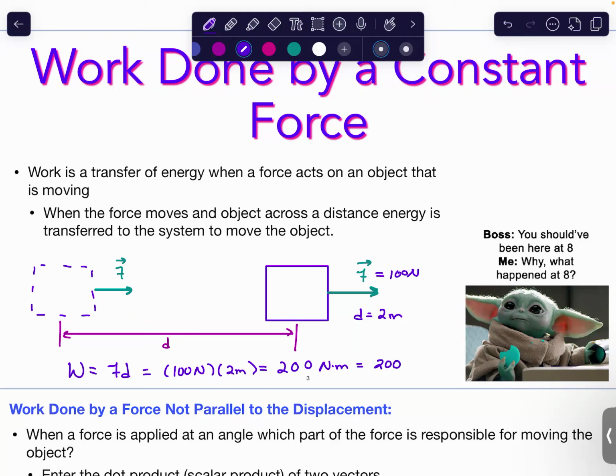It's the unit of energy. So the work is energy applied across a distance. So the force supplies energy, the object moves. What is the unit of energy? It's joules. The Newton meter is the joule.